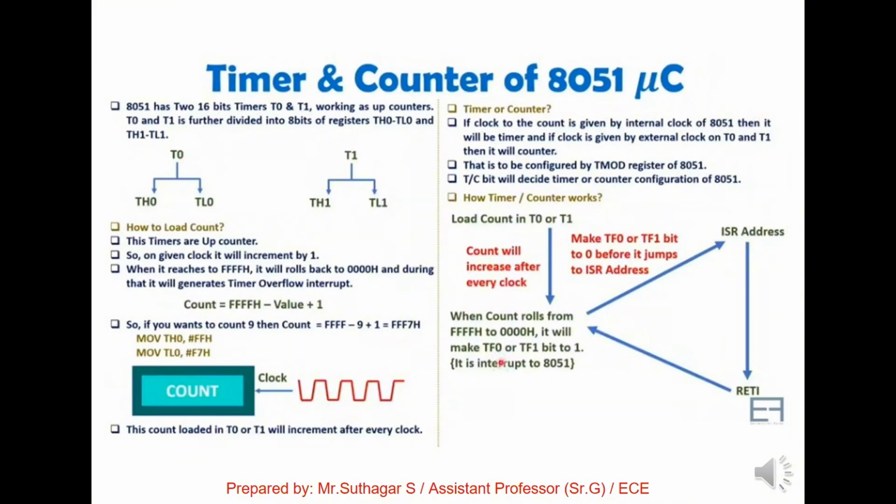When you load this into TH0 and TL0, that is, move this hexadecimal value in, it starts counting from there, and when it reaches FFFF it will roll back to 0000, which is reflected in the TF flag, the TF register. This counter is loaded into T0 or T1 and is incremented after every clock.